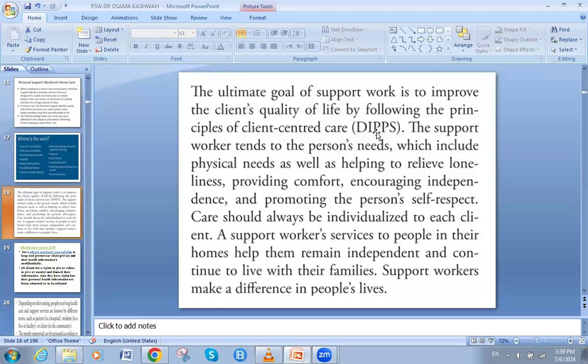The ultimate work of the personal support worker, the ultimate task, is to improve the quality of life of these people who have problems with their health. They just need to have a good, respectable, dignified life. They live with their own pride. They live with their own dignity.